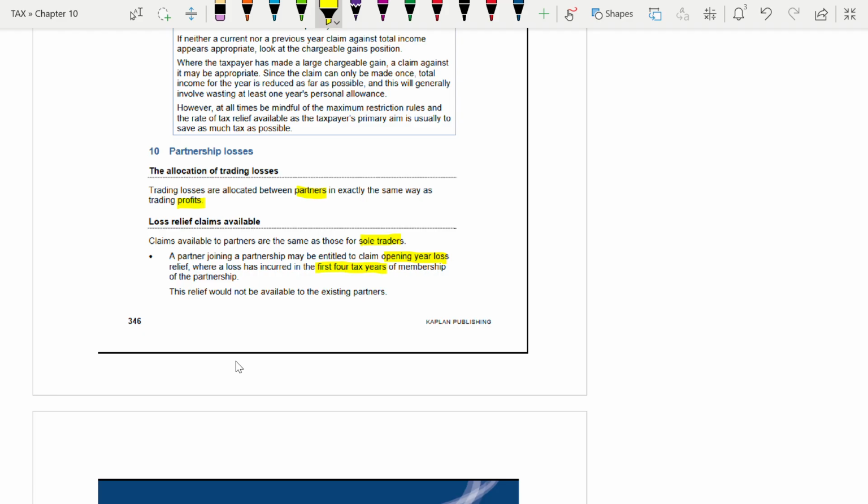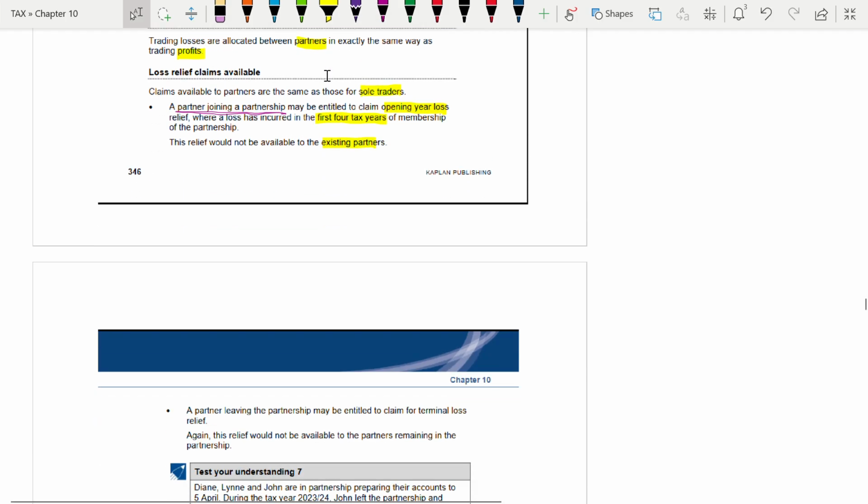This relief would not be available to the existing partners. It is available to the partner who is joining the partnership. They will give you the question that a person is joining the partnership.